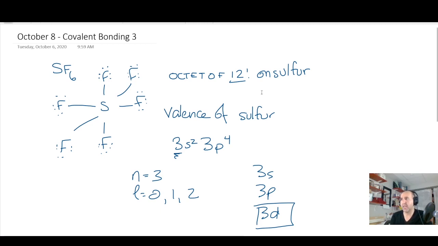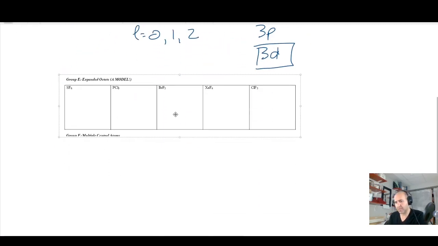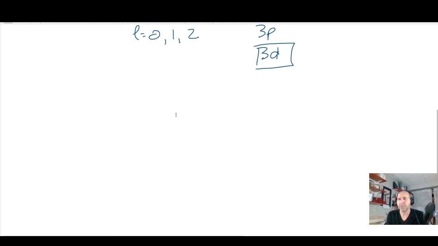It turns out that the best model for something like SF6, the most accurate model, is one in which we have this going on.